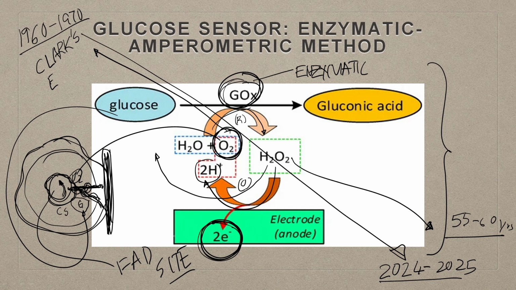The previous slide where I started the journey is to immobilize this one, and as I say, if this is the GOX, reaching the site of its electron transfer. It is for that one purpose, for the last 40 years, so many developments are happening.